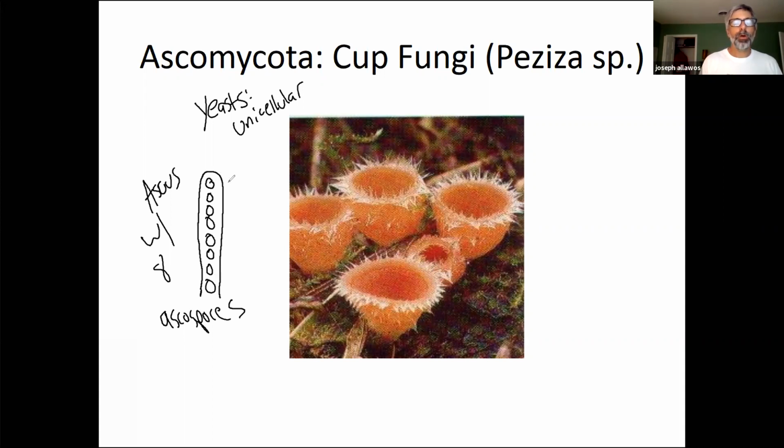Well, meiosis occurs and you would get 4, 1, 2, 3, 4 as a product of meiosis. And then each of those 4 does 1 mitotic division to give you your 8. So if each of the 4 cells does mitosis 1 time, you get 4 more, and that's how you get the ascus. Okay, that's about as much as we'll say about the life cycle of this group.